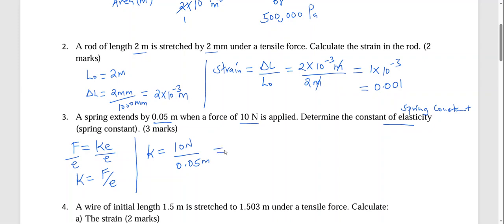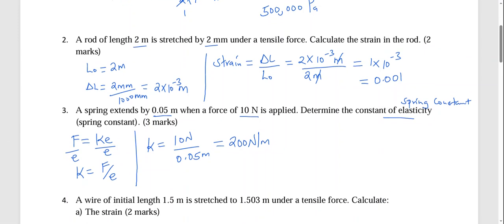For this case, we'll end up having 200 Newton per meter. That's the SI unit for spring constant, Newton per meter. Now let's look at the next question.